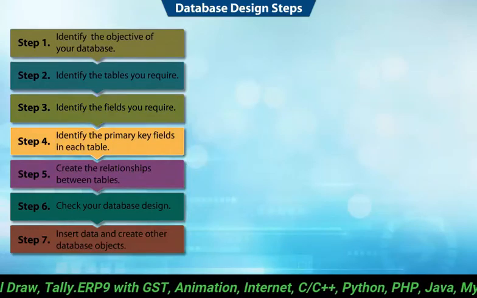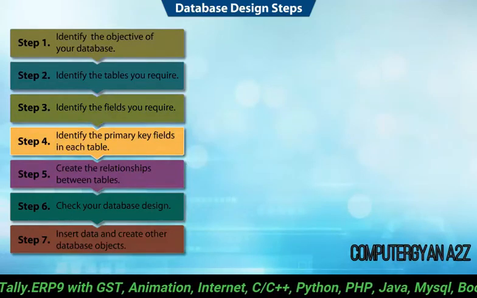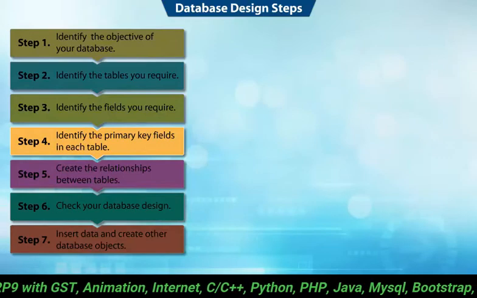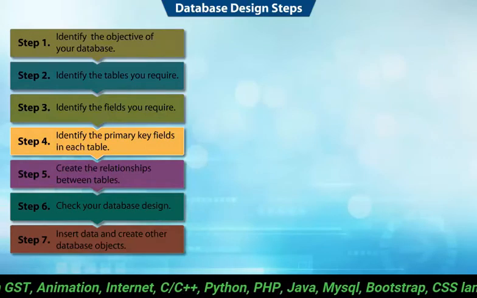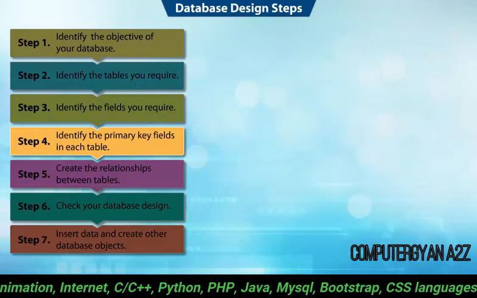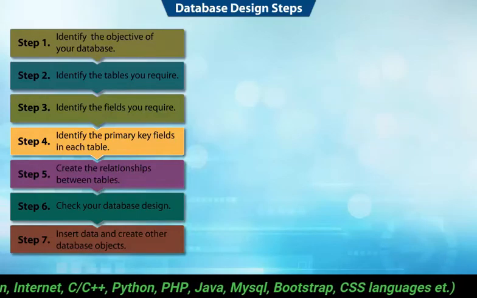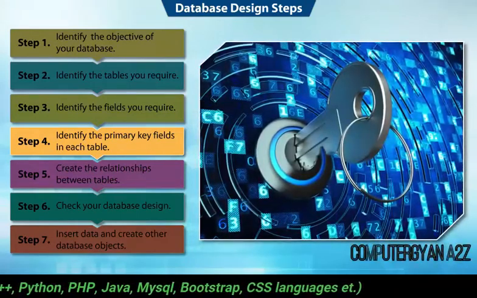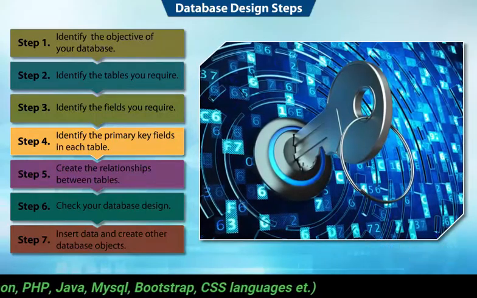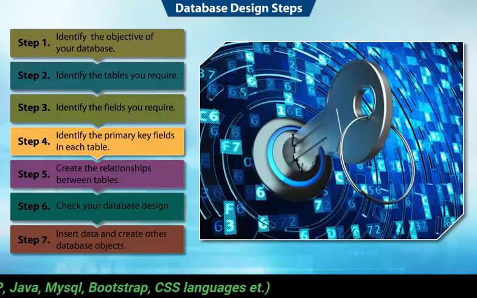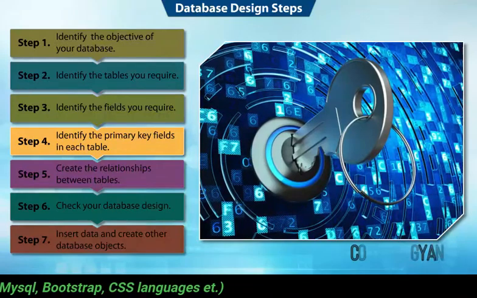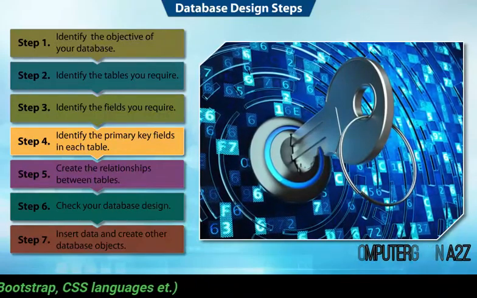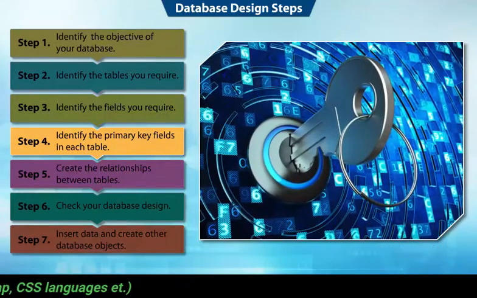Once all the tables and the fields within them are set, you need to identify a field or set of fields that will contain unique identification data. This unique identifier is called a primary key. This key enables Microsoft Access to connect information stored in different tables.